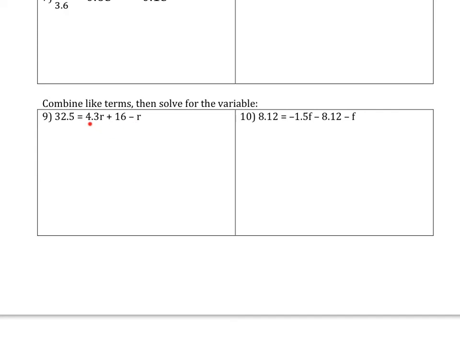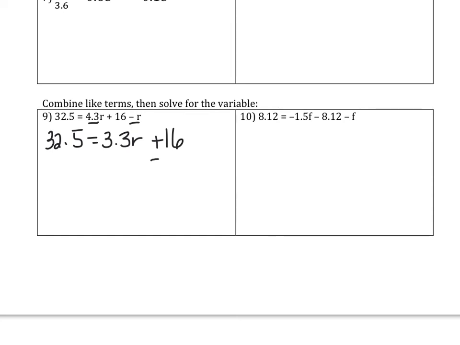So you're going to have to simplify the term first and combine your like terms before you can solve. So I'm going to have 32.5 equals, if I have 4.3r minus 1r, that's going to give me 3.3r plus 16.